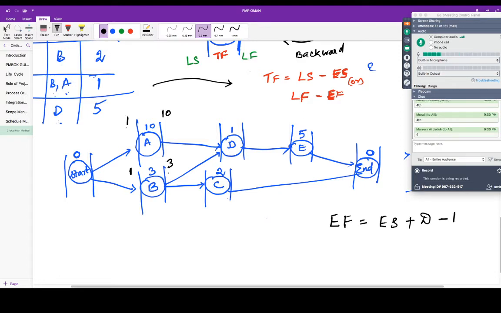After B is over, because C has only one predecessor, C does not have multiple predecessors. Always check how many predecessors a particular activity has, how many arrows are hitting C. Only one arrow is hitting C, so there is only one predecessor. B ends on the 3rd, so you will start C on the 4th. If you are starting it on the 4th, how early can you finish C? You are taking exactly the duration. That's the meaning of early finish.